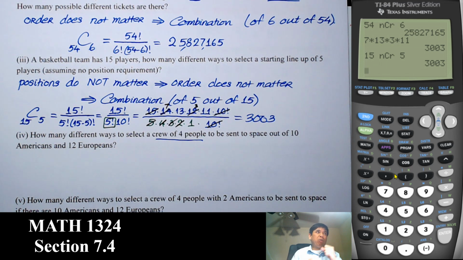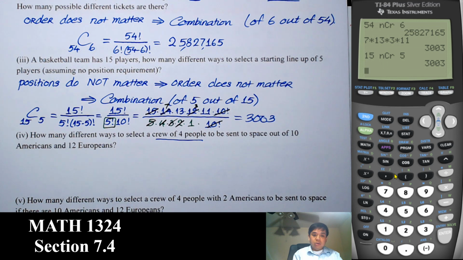Usually when we select a group to send into space, we have roles, like 1 engineer, maybe 1 doctor, maybe a lab scientist, different people who can do different things. But let's assume we don't have any of that. It did not say anything. Let's say the spaceship is well equipped, you can just put anybody up there.